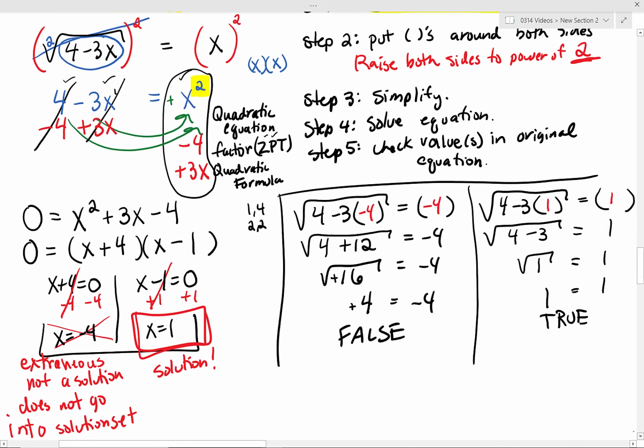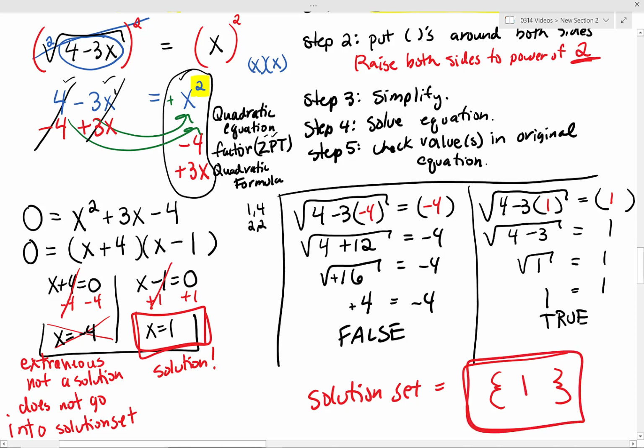So what is our solution set? Remember on MyLab Math, it will give you those solution set brackets, and you're just going to put in all of the answers that you got that checked out and came back true in step 5. So our solution set here would be just the +1.